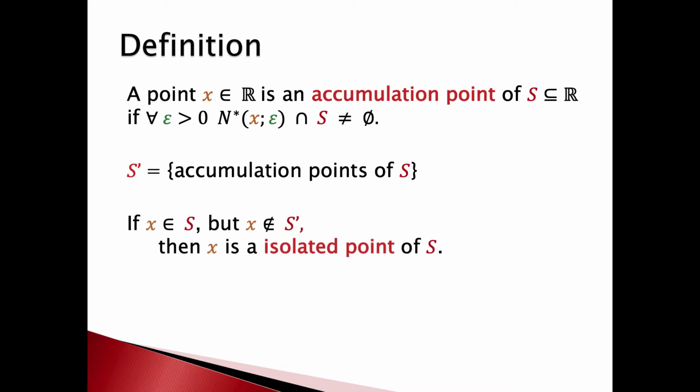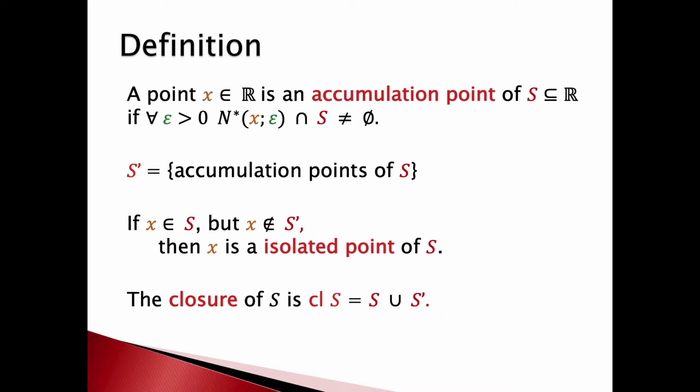Now, suppose you have a point which is in S, but it's not an accumulation point. Then we'll call x an isolated point. Okay? So it's all by itself. It's in S, but it doesn't have anything else in S anywhere nearby. The closure of S would be S, and then you throw in all of its accumulation points.